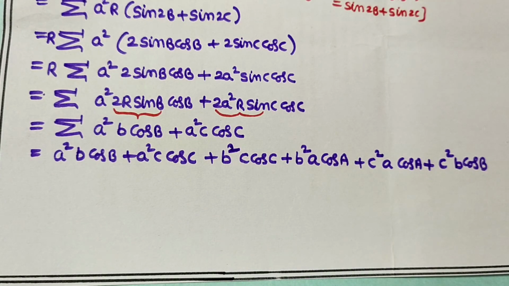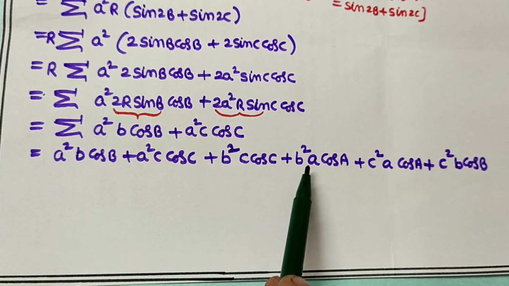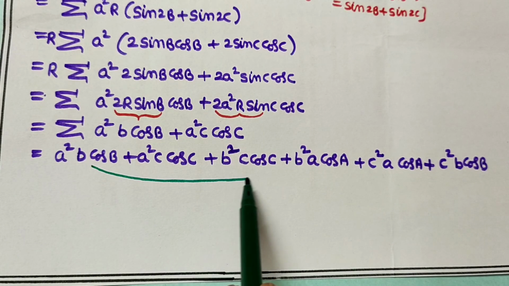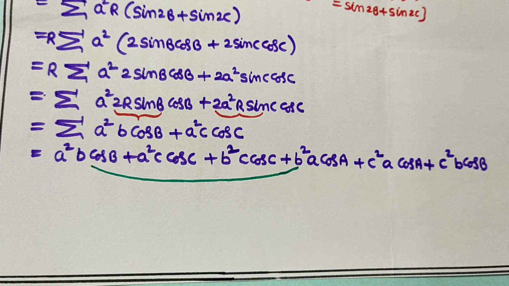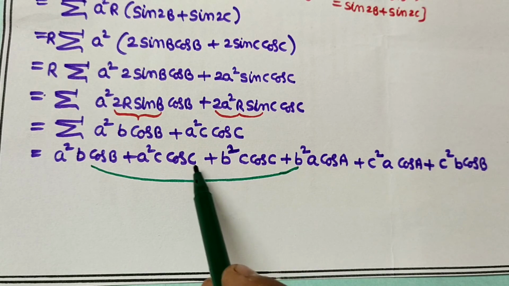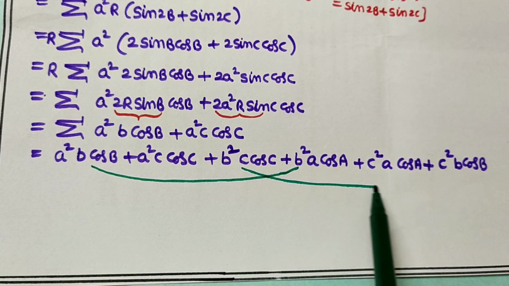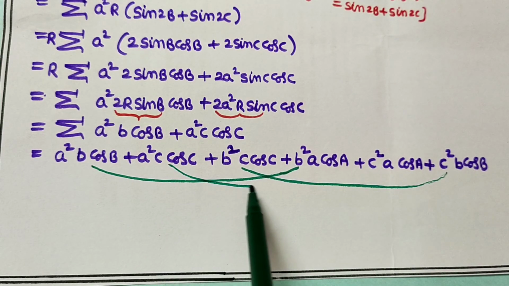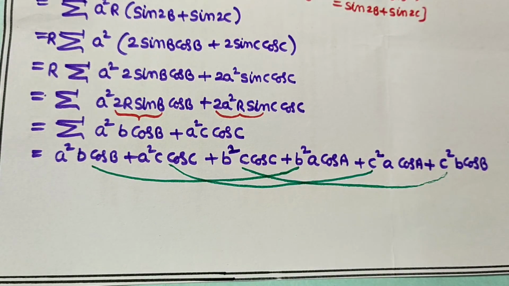From every term, from these two, from the first and from here as well as here, we can take common ab. Slightly I am writing from here to here: ab I am taking common. Next, from these two, bc I am taking common. From these two, ac I am taking common. It's a very tricky step.